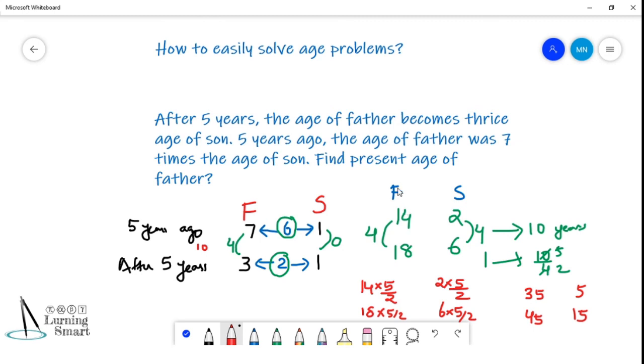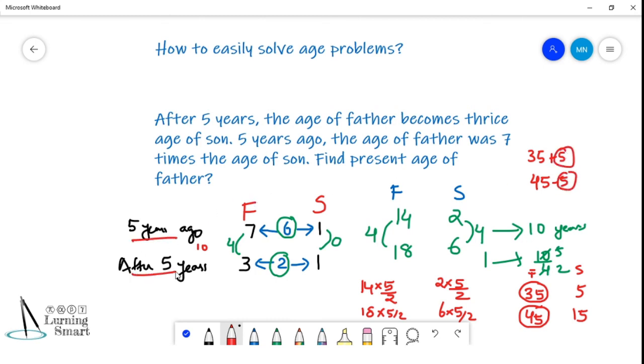Okay, so the present age of the father. So this is father, son. This is the age of the father 5 years ago. This is the father's age after 5 years. So the present age of the father would be 35 plus 5, right? Or 45 minus 5, because the present age is asked.